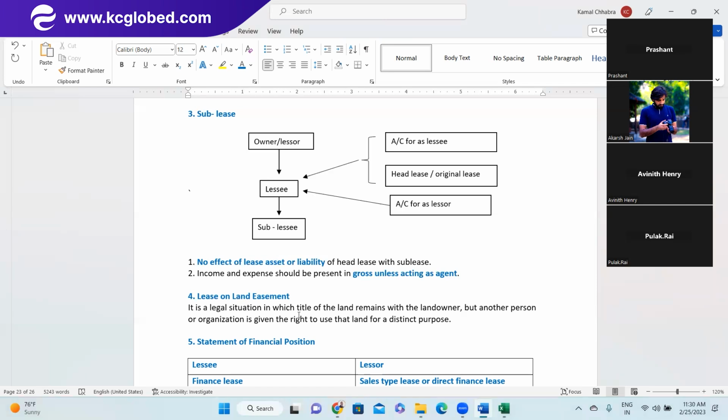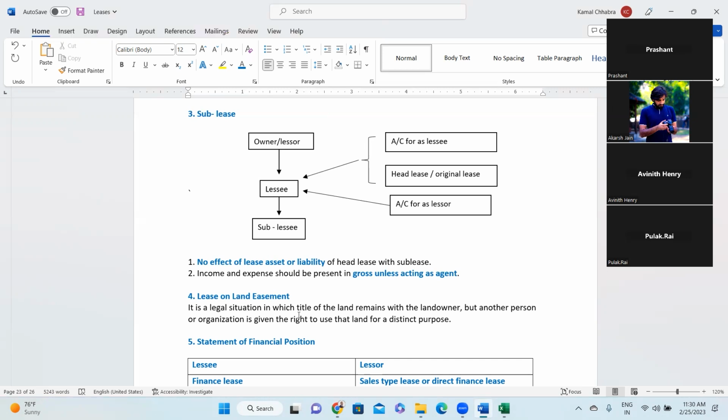I am not the original owner, but I have a main lease with the owner which gives me the authority to do the subleasing. That should be clearly mentioned in your original lease agreement. In that scenario, you play the role of a lessor as well as a lessee. You play the role of a lessee for the head lease, which is the main lease, and you play the role of a lessor in the case of subleasing, which you are giving to the different companies. Does that make sense?